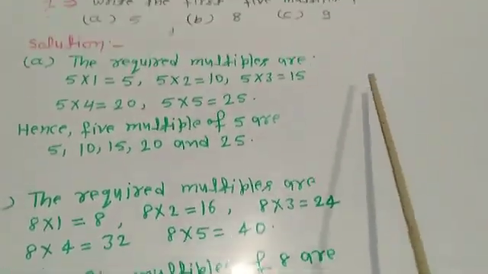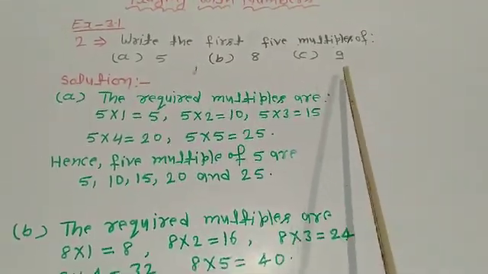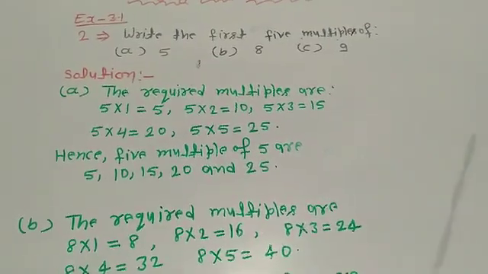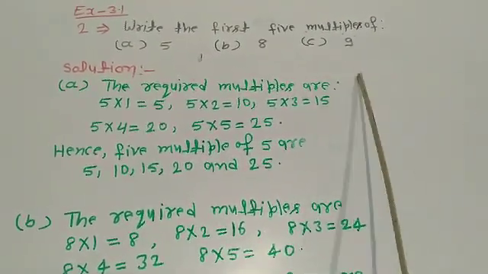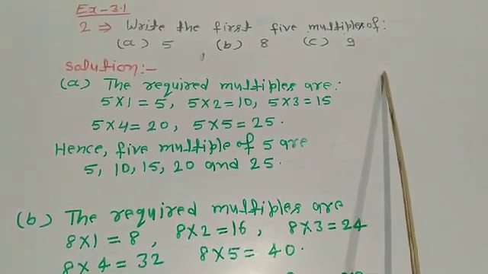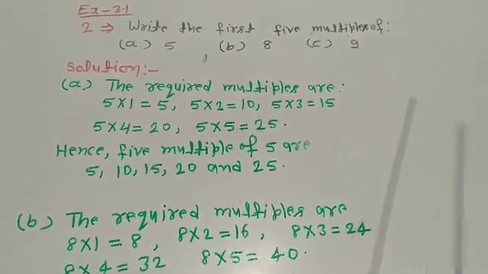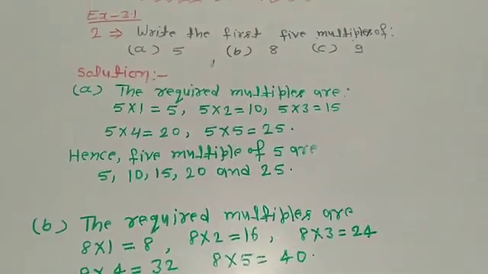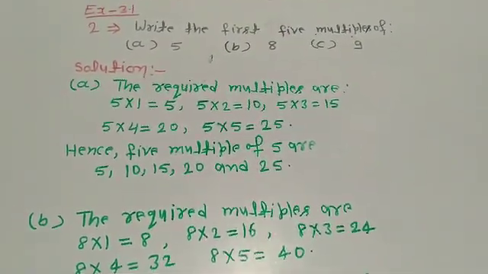Now this is the C part, which is 9. So 5 multiples of 9 are 9, 18, 27, 36, 45. So we write 5 multiples of 9.